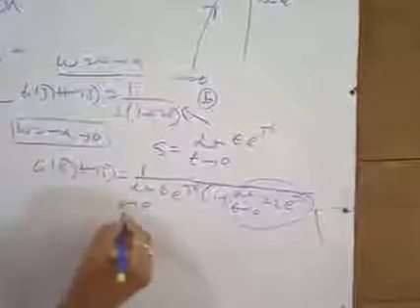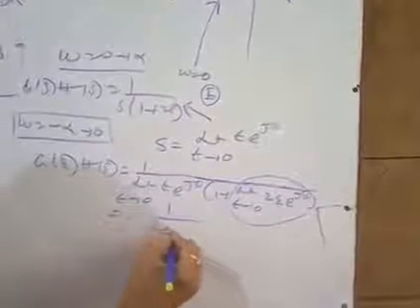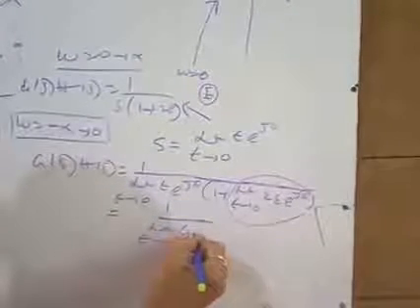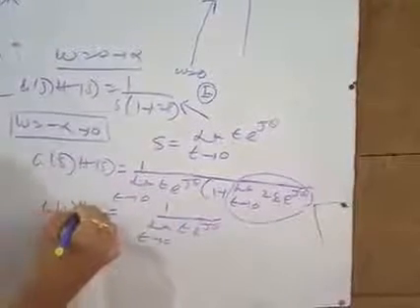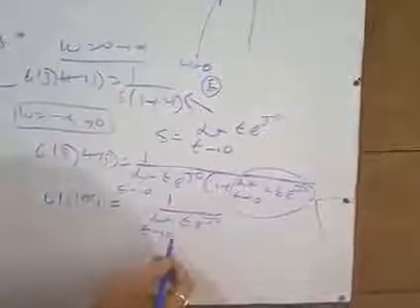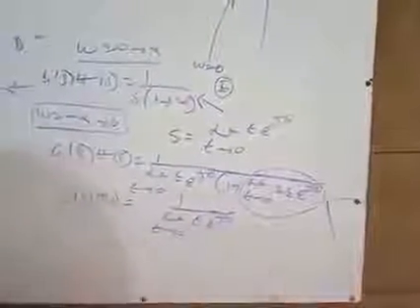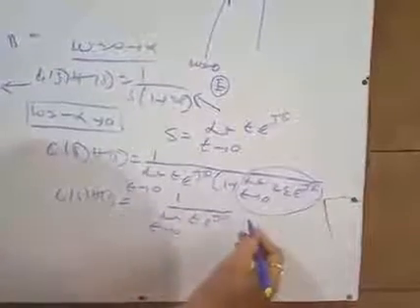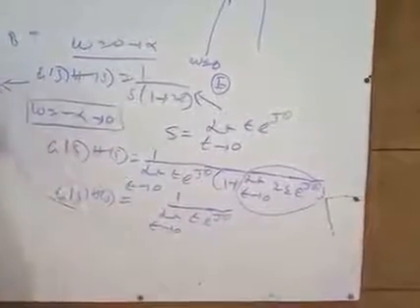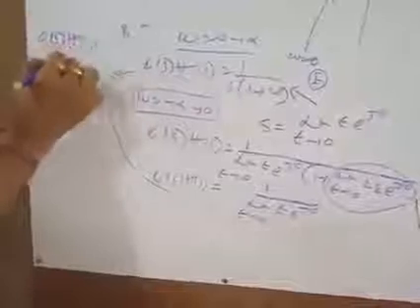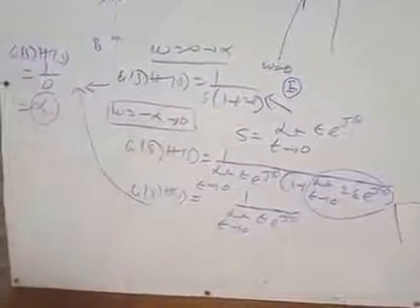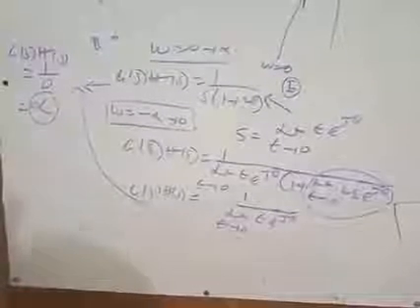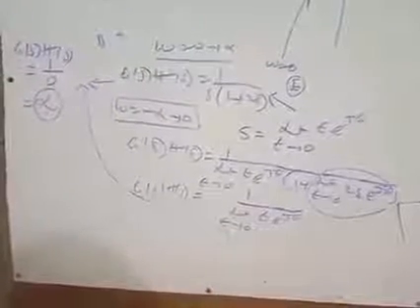So what remains is 1 by limit epsilon tends to 0 of epsilon e to the power j theta. This is your function GS into HS. Now this will be equal to 1 by 0, that means its magnitude is infinite. In this case the phase part plays a very important role. What is that?